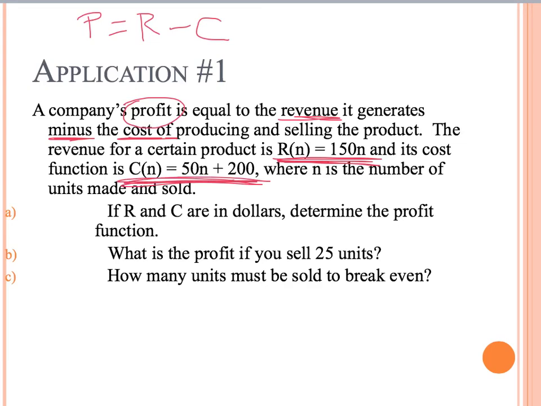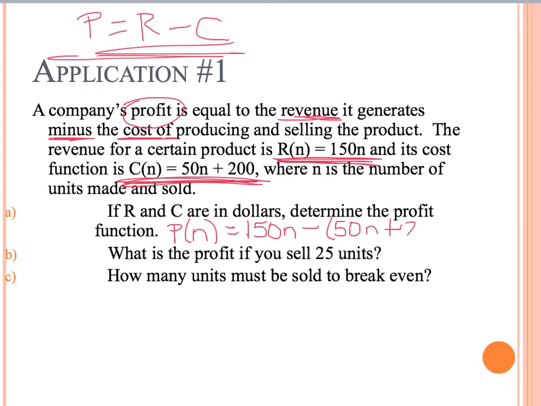Determine the profit function. Well, I wrote it up here. Now let's use our actual functions. So the profit of n is the revenue, 150n, minus the cost function, 50n plus 200. I'm going to have to distribute that minus.